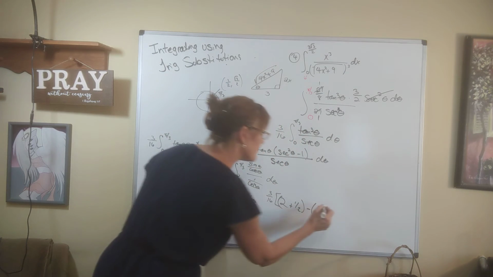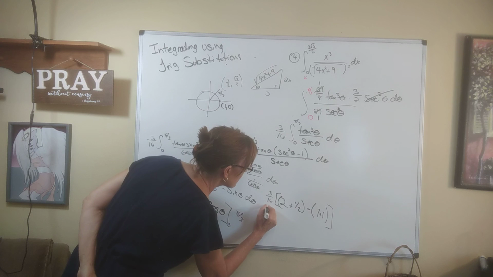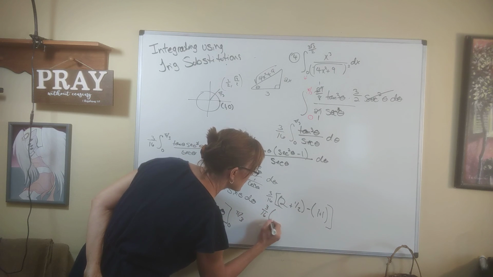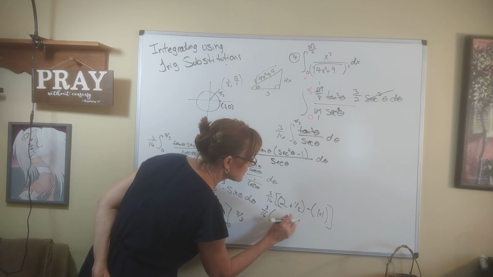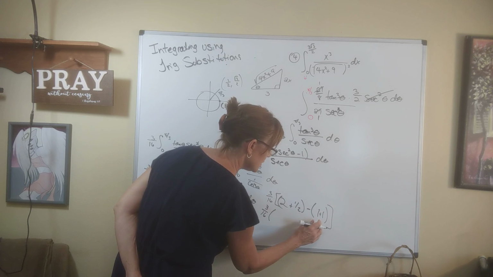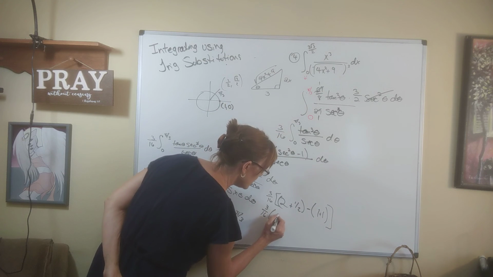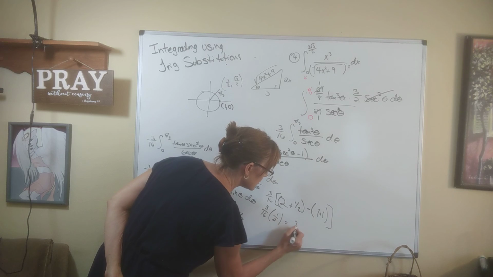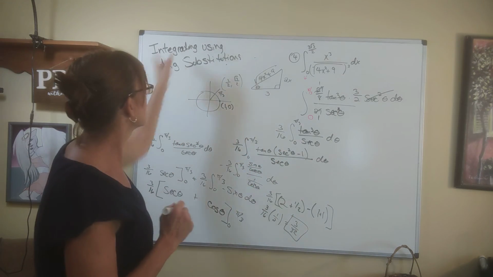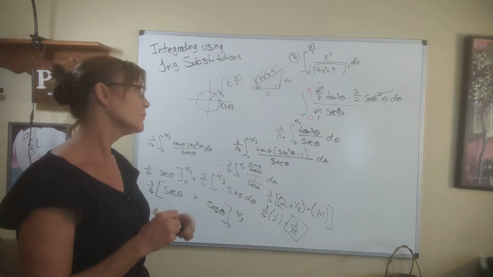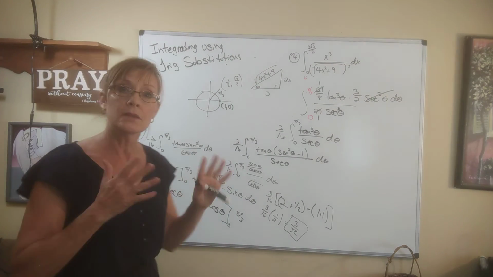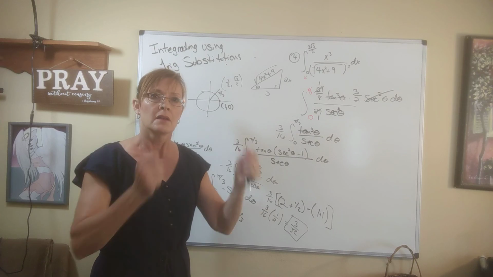Plus 1. This gives me 3 over 16 times 2 plus 1/2 minus 2. 2 minus 2 is 0, times 1/2 is 3 over 32. And that is our answer to that problem right there. And that was kind of long, but you can do it with enough effort.